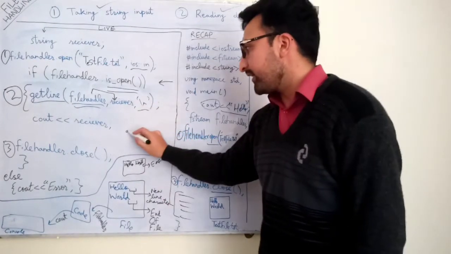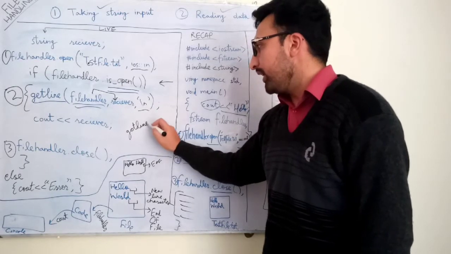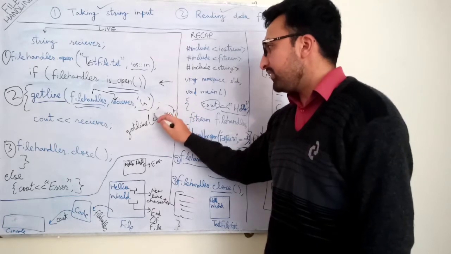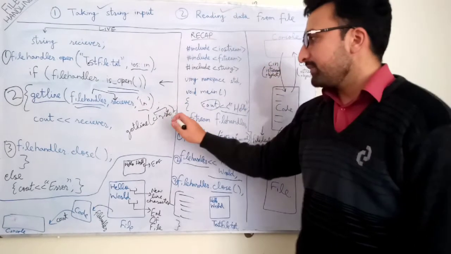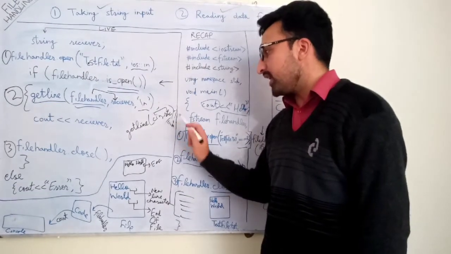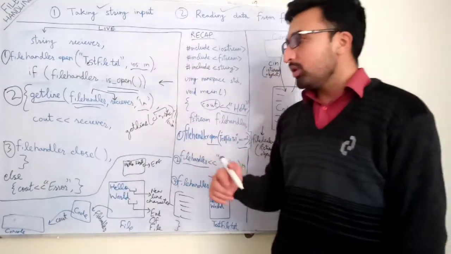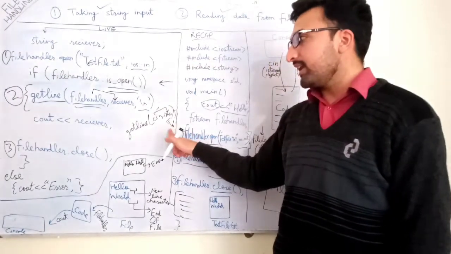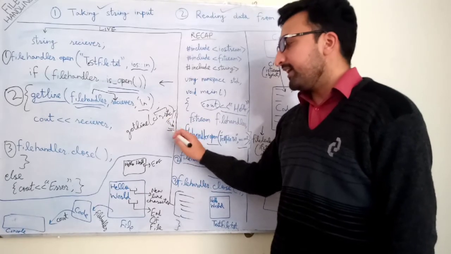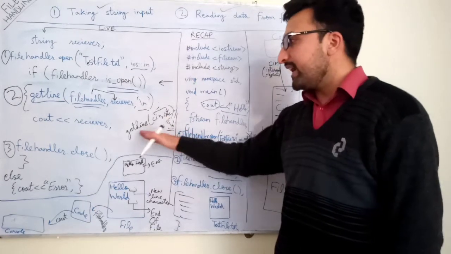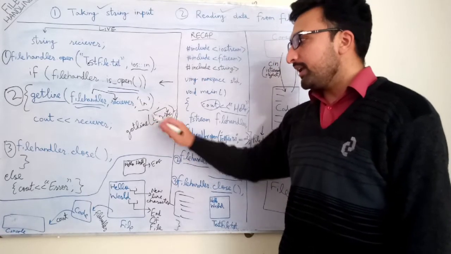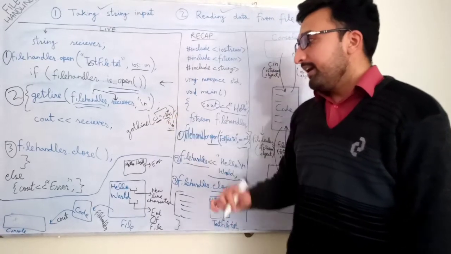Just like when we are reading from the console, for example getLine cin receive, we are receiving something into the string variable receive, and the third argument by default here is \n, that is a new line character. As soon as the \n character occurs, or whatever delimiter is written here is encountered, the getLine function stops reading from the console through the object cin into the variable receive.